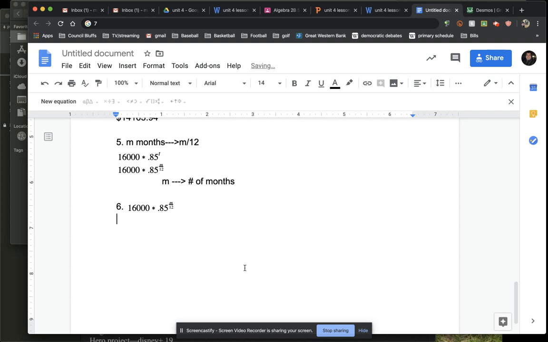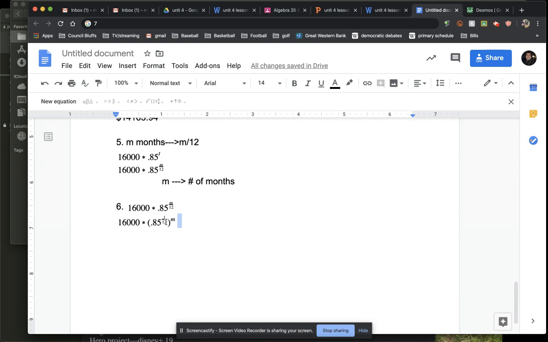If you watched the videos from yesterday's lesson, I can take the equation, particularly the exponent here, the m over 12, and break it down algebraically.